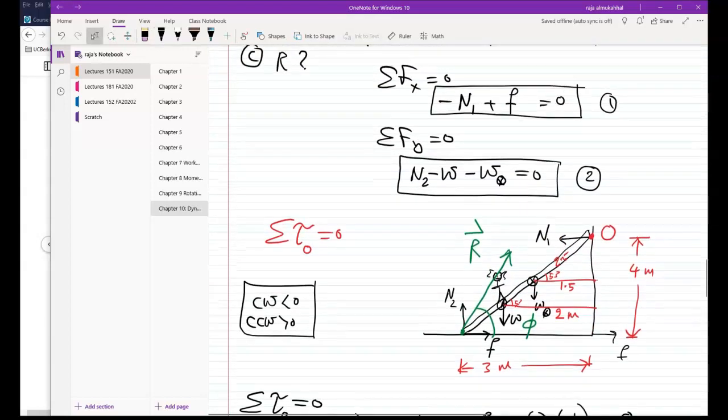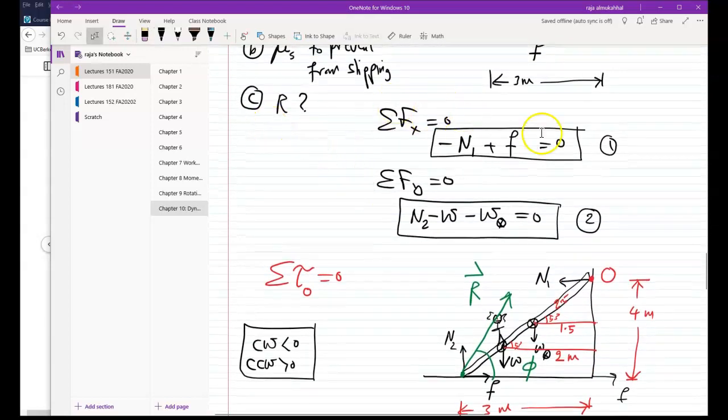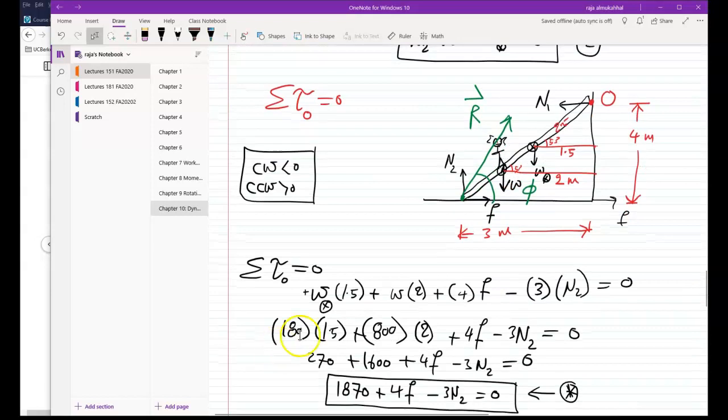Well, the x component is right there. Where did I find it? Oh, it's right here. This is the x component right here. You see what I'm saying? And the y component is right here. Or a better way of saying it is that since we're talking only about the base here, the y component would be n2 and the x component would be f. See what I'm saying?